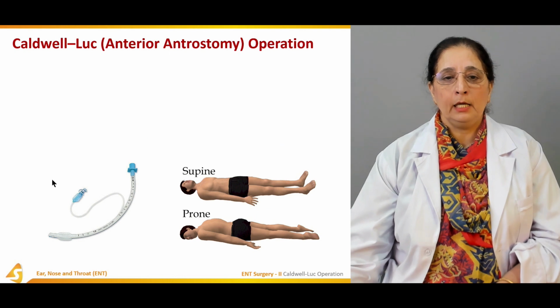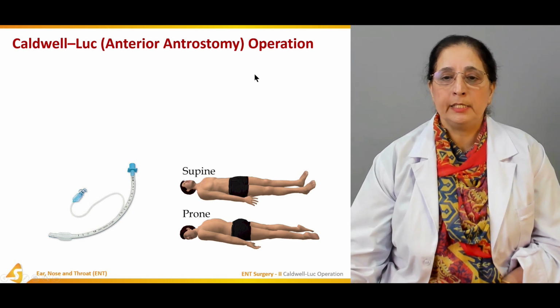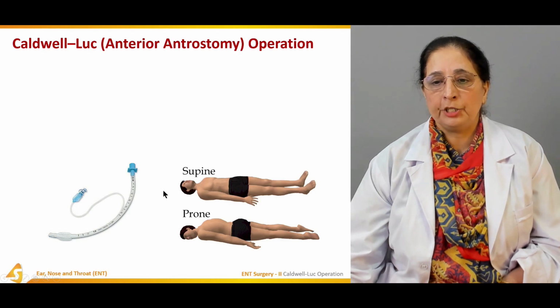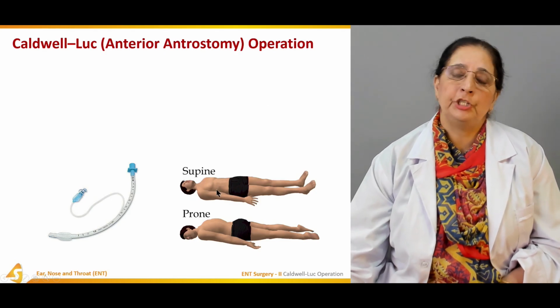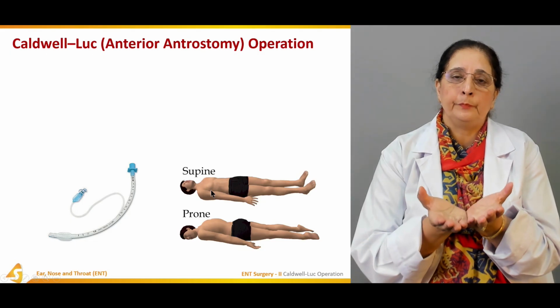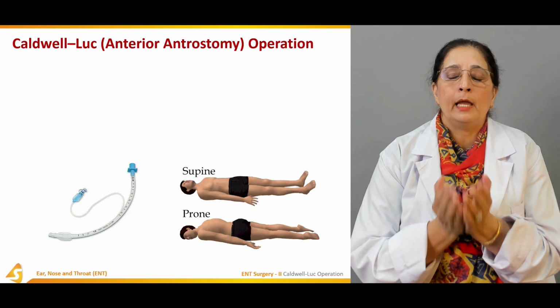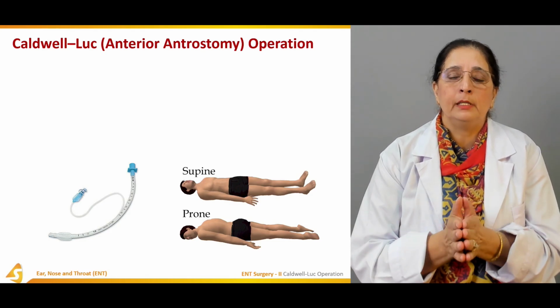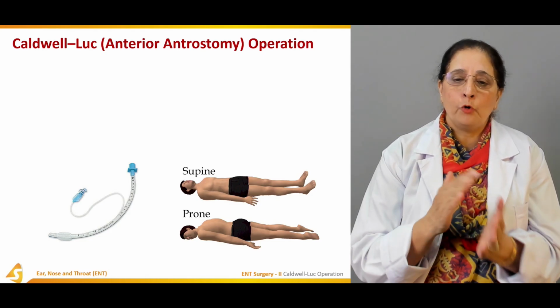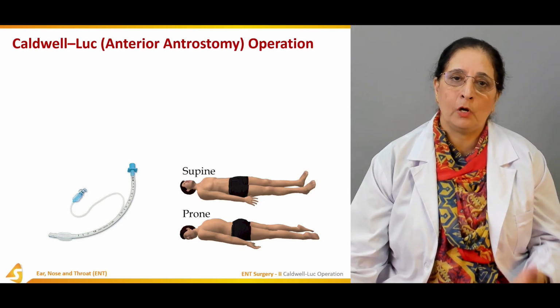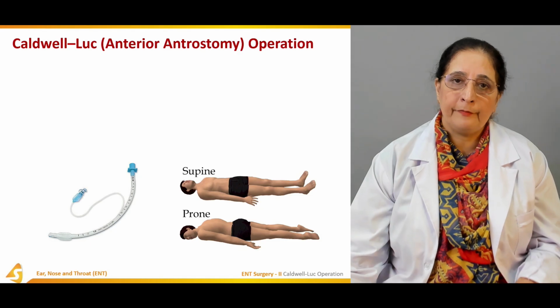Now the Caldwell-Luc anterior antrostomy operation. This is the patient in the supine position. Supine position is the position in which the patient is lying straight on the back with the face upward. Prone is the position with the patient on the stomach with the face down.